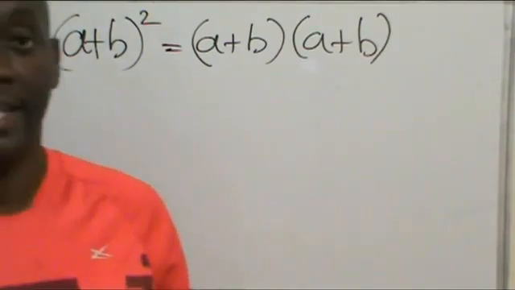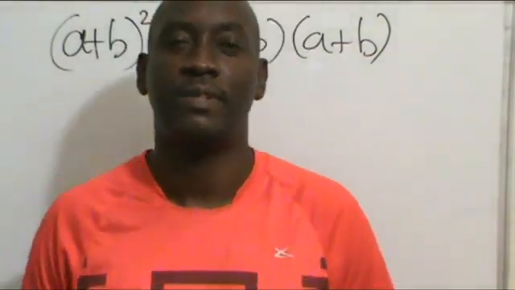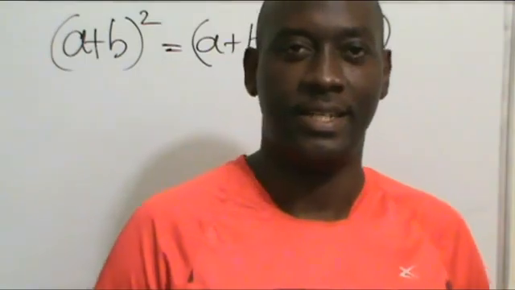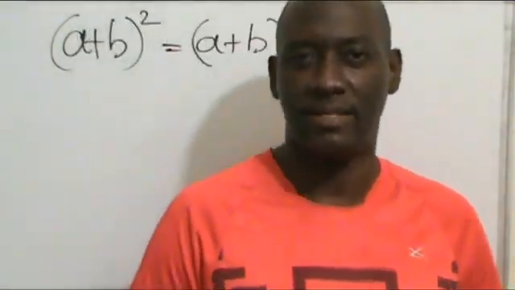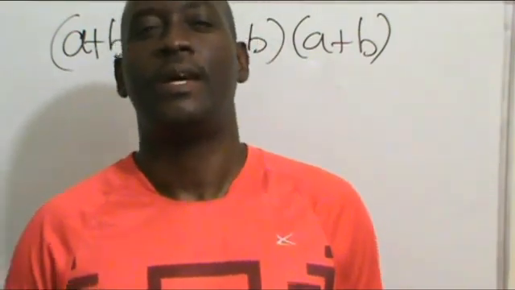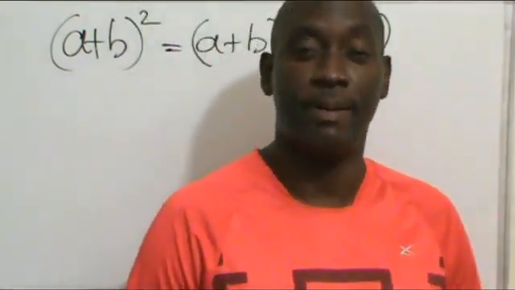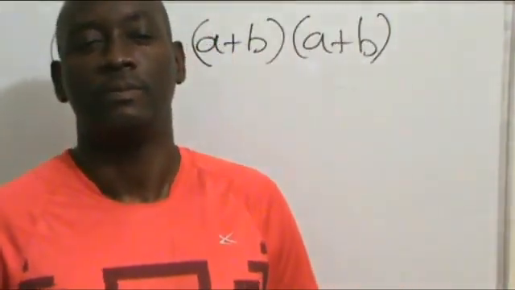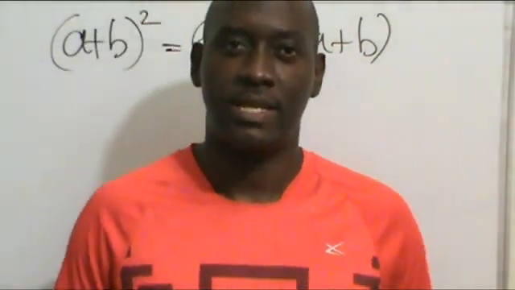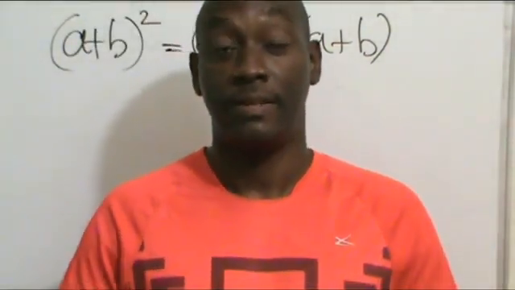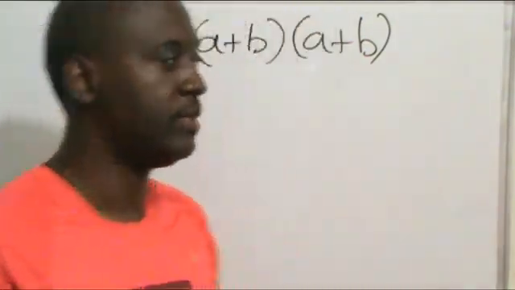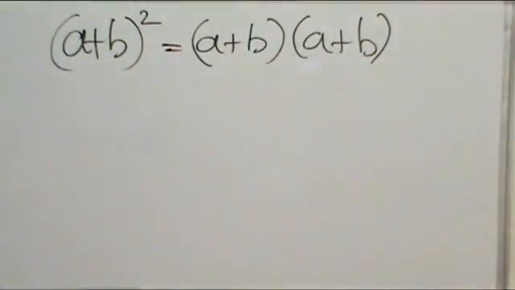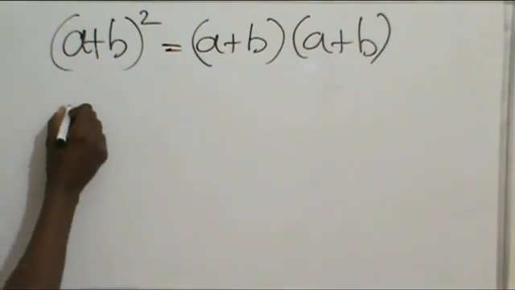If 5 squared is 5 by 5, and 10 squared is 10 by 10, and 2 squared is 2 by 2, and minus 6 squared is minus 6 by minus 6, and minus 7 squared is minus 7 by minus 7, and minus 8 squared is minus 8 by minus 8, then (a plus b) squared could only be (a plus b) multiplied by (a plus b). And we expand it.